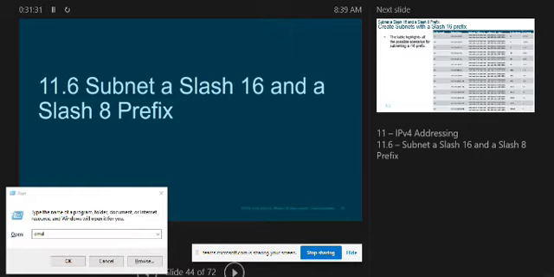Because if this is our subnet mask over here, the 255, this third octet is right here, D through K. If any of these bits change, I'm affecting the network.